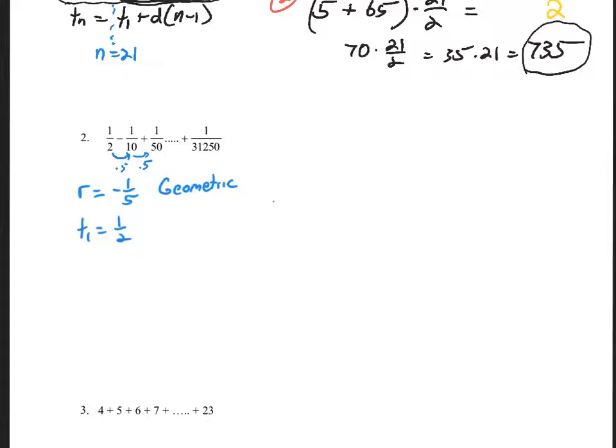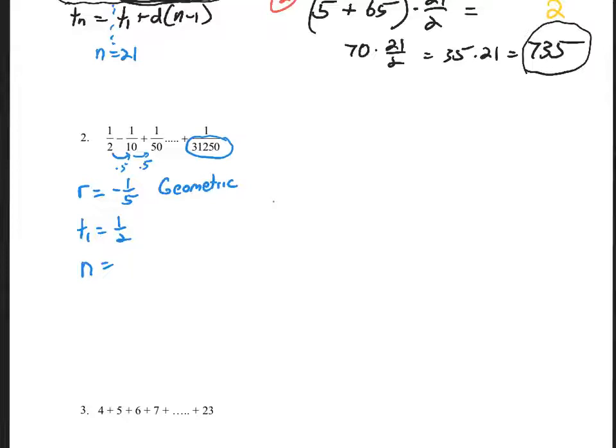And we also need to know how many terms there are. Now, let's be smart about this. This is a geometric series, and geometric gets very large very quickly. So this denominator of 31,250 may seem really large, but it's actually not that many terms away because you're continually timesing by 5.